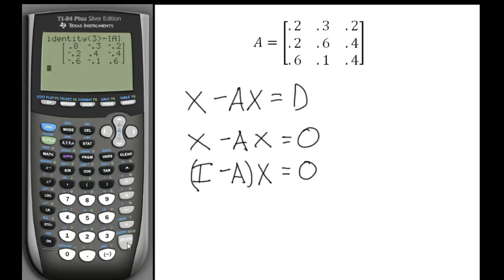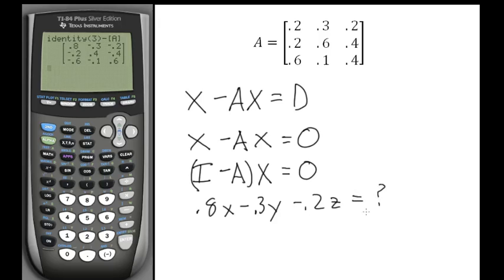What we have here is really the beginning of a system of linear equations. It's just the left-hand side of a system of linear equations. That first row would say 0.8x minus 0.3y minus 0.2z, but it doesn't have what it's equal to.